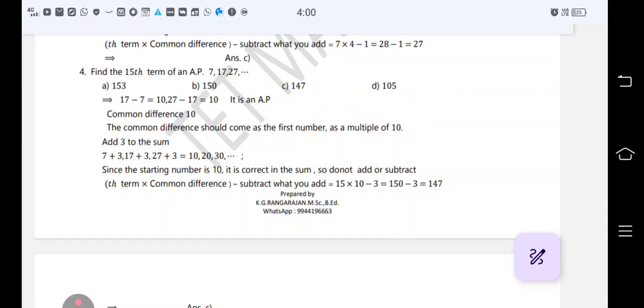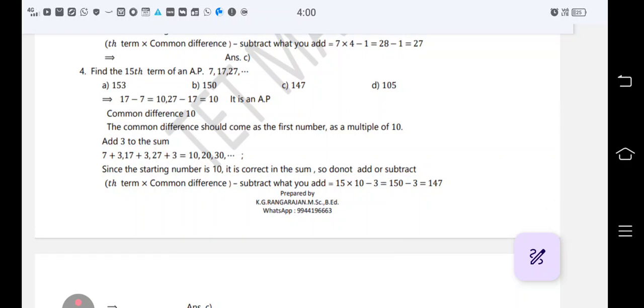For finding it is an AP, the second term minus first term, third term minus second term is equal to the common difference. Here 17 minus 7 is equal to 10, 27 minus 17 equals 10. Therefore, both are equal. Definitely it is an AP. Therefore, the common difference is 10.